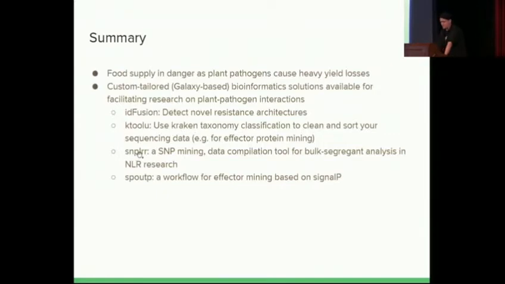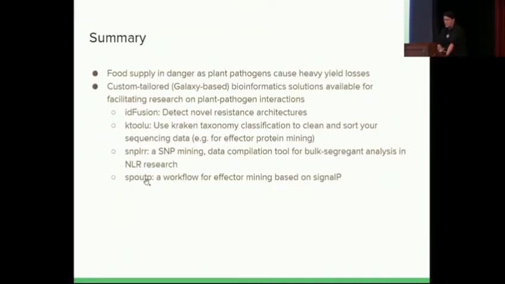Then I have two more pipelines or tools, which I couldn't talk about here. We have Snippler, the SNP mining data compilation tool for bulk segregant analysis, basically to see on the plant side whether there are mutations correlated with pathogen resistance.